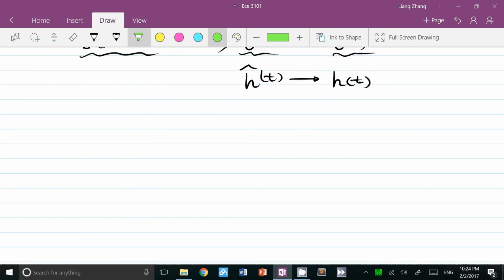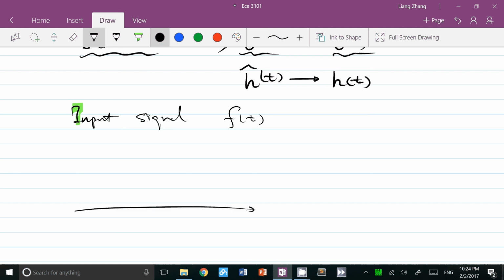Suppose we have a generic input signal. And we call this input signal f of t. Let's say this input signal looks like this. Okay. And what we're going to do, let's say the origin is right here.